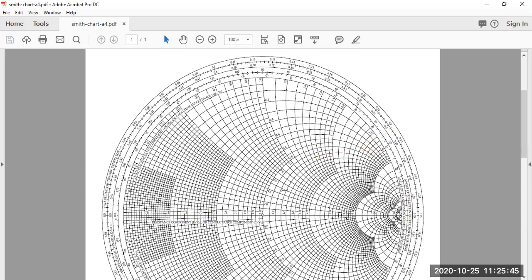So how will we draw the 90-degree rotated circle? If you draw a vertical line right at the center of the Smith chart. Okay.